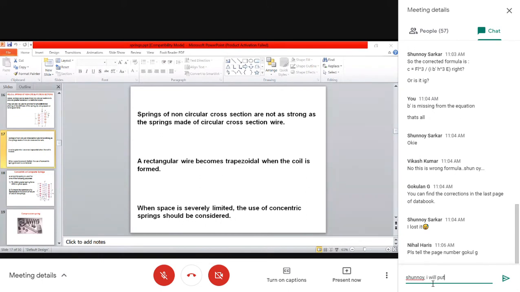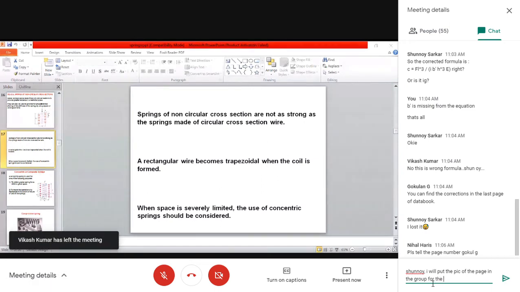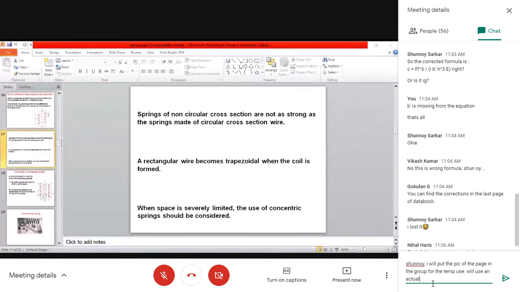So what is the maximum stress? This stress is the design stress. If the value is not given, you can note down the value, that is 0.3 to 0.5 of the ultimate tensile strength. If the material is specified, the value of ultimate tensile strength is available in the data book.